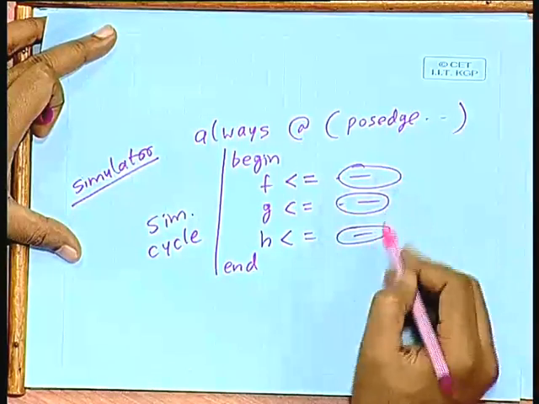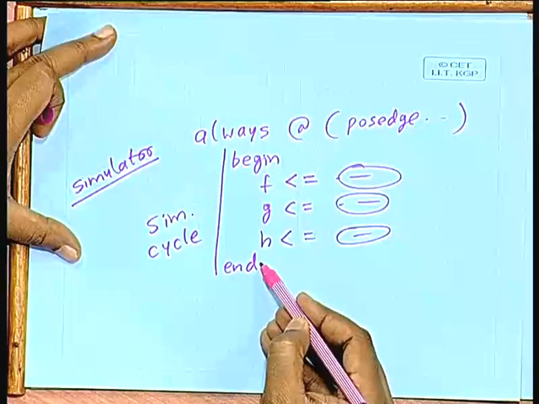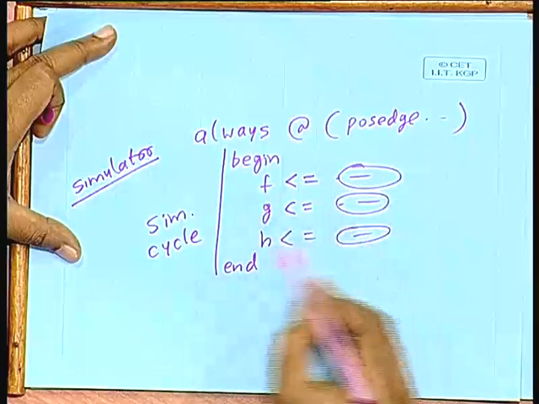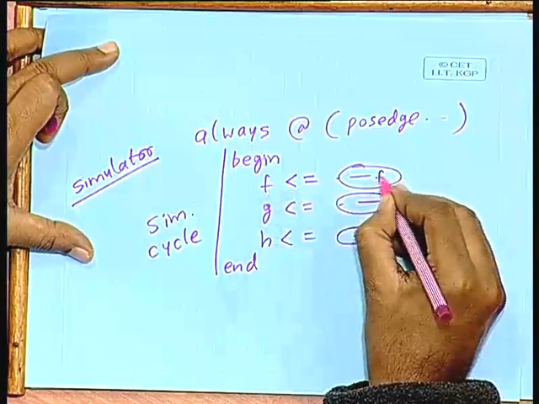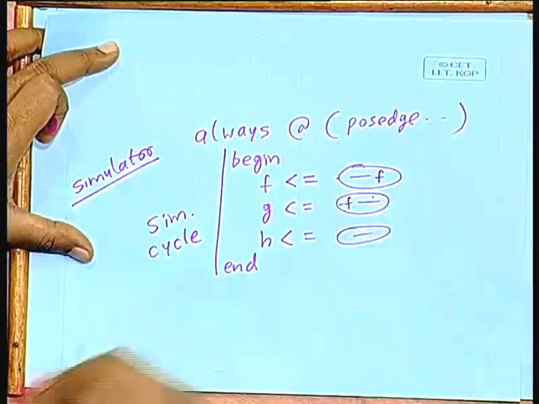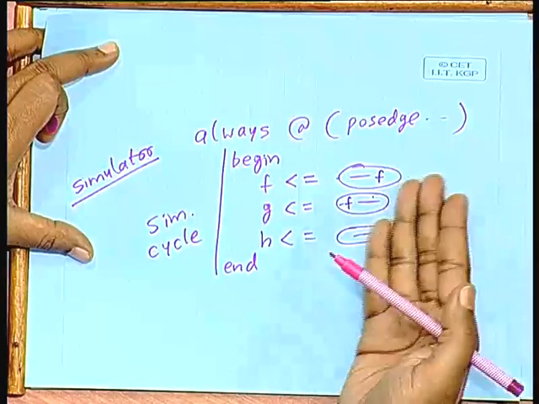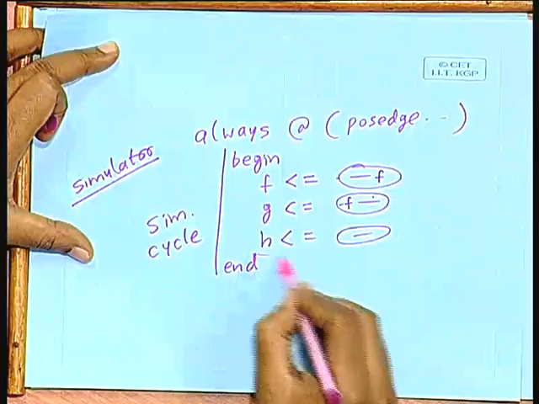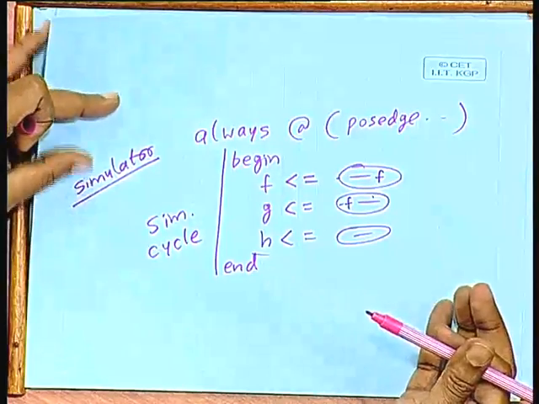It evaluates the right hand side of all of them, but when it reaches the last statement in the always block, only then it assigns the values. So, it is quite possible that you have say f appearing in the right hand side of some expression, no problem there, because you are taking the old value for the calculation. The value will get assigned only at the end, after all the expressions on the right hand side have been evaluated. This is actually modeling sequential logic.